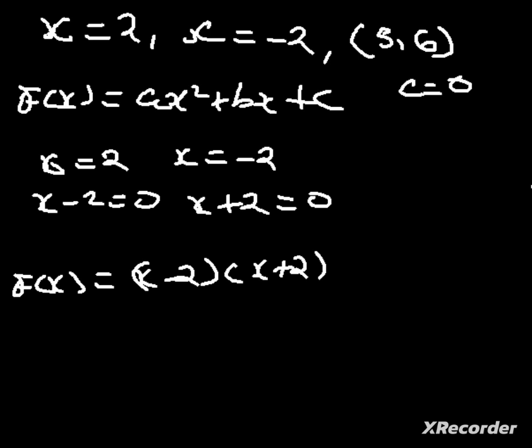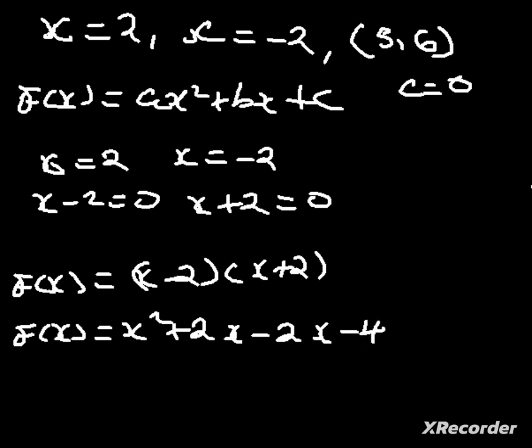That is x squared plus 2x minus 2x minus 4. So we have f of x is equal to x squared minus 4. So we have that one.